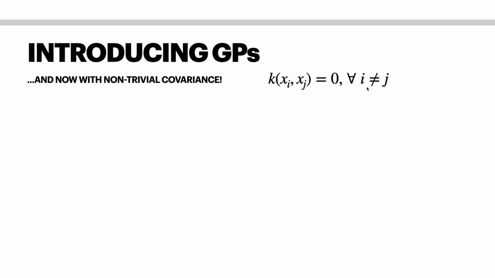Okay, now we get to the really important step where you really have to pay attention and hold on to your hats, because this is where the magic is going to happen. What we're going to do is stop saying that all random variables have 0 covariance. Instead, we're going to impose some covariance on our random variables, let's say with this particular form.